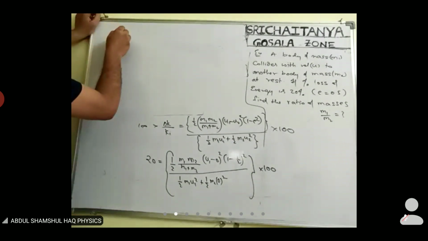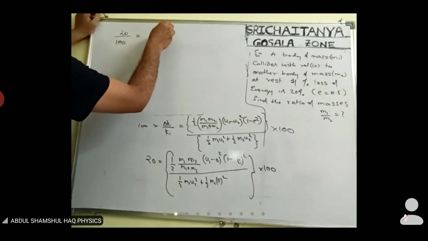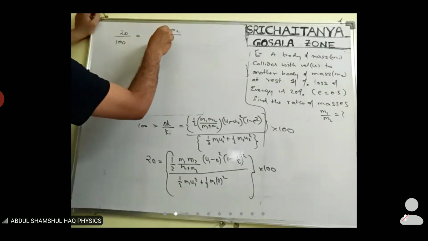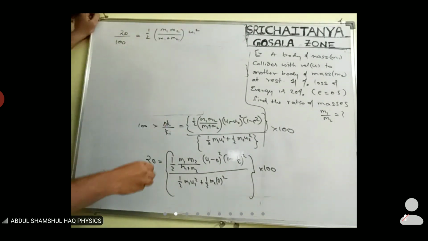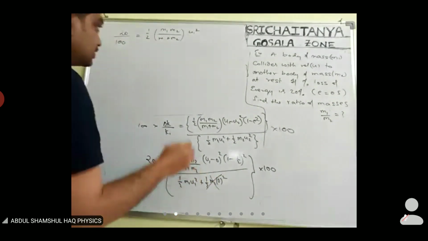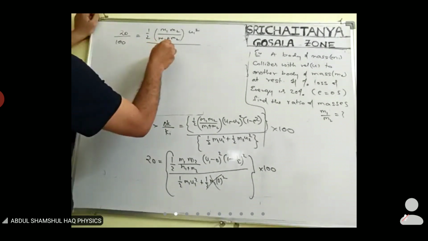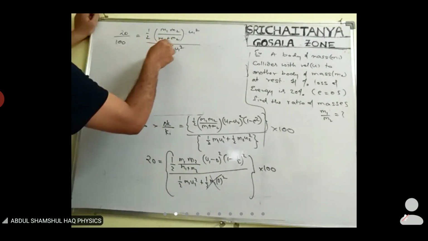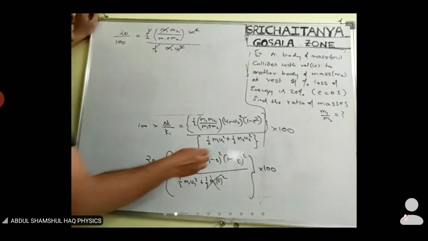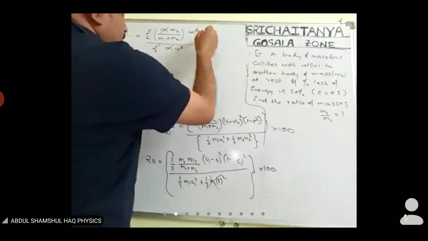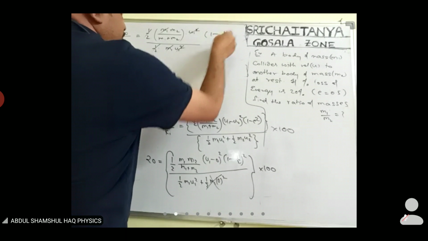So 20/100 is equal to m1 m2 divided by m1 plus m2 into half u1 square, whole divided by half m1 u1 square. Half m1 u1 square cancels. Here we have 1 minus 1/4.